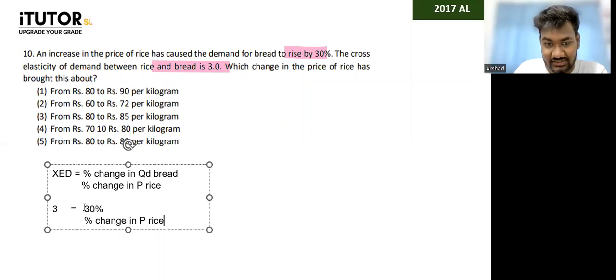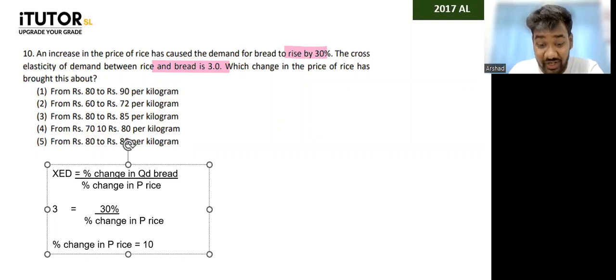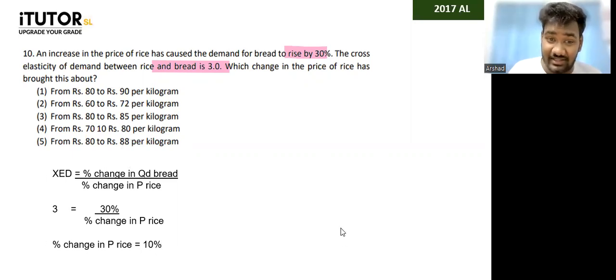Come on, work around. Easy one. How much do we get? That's a 10%, right? So price is changing by a plus 10%. So go into your answers and see which answer talks about an increase by 10%.